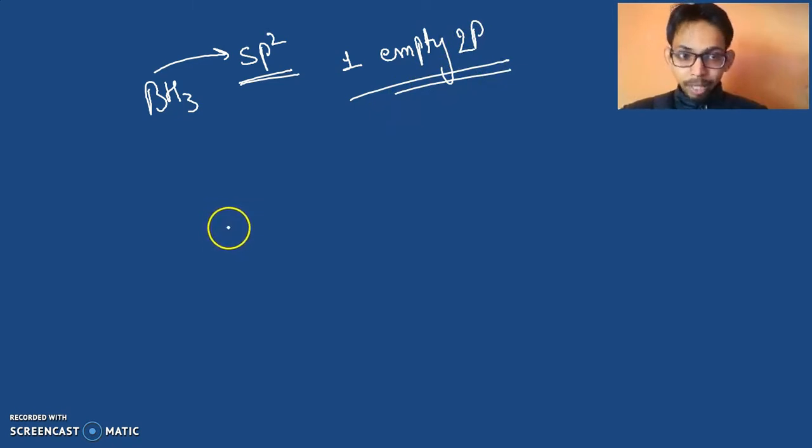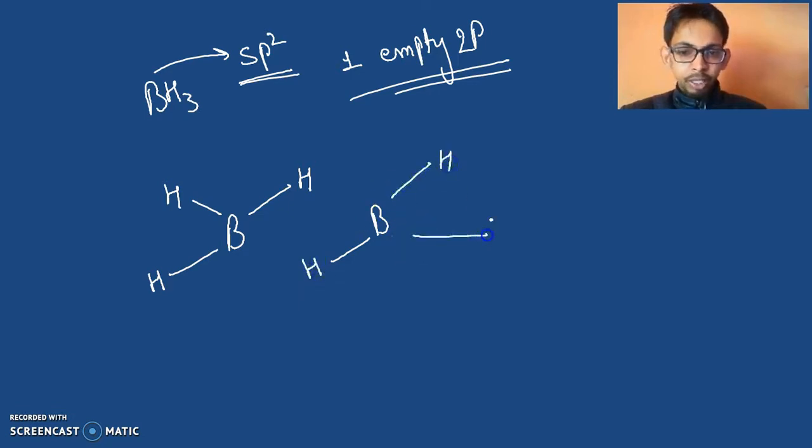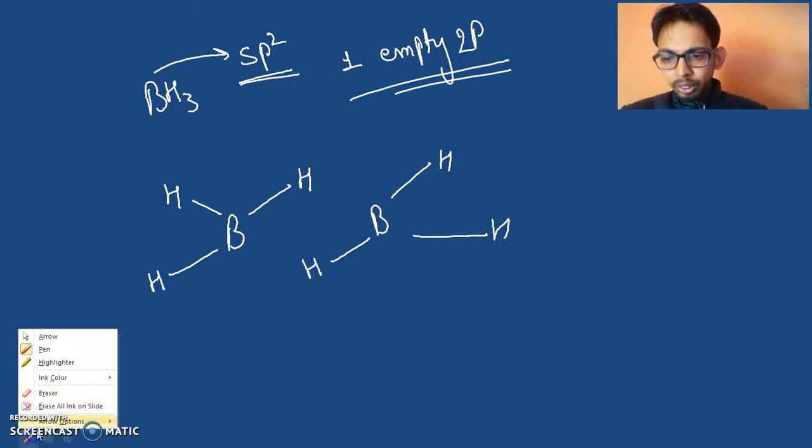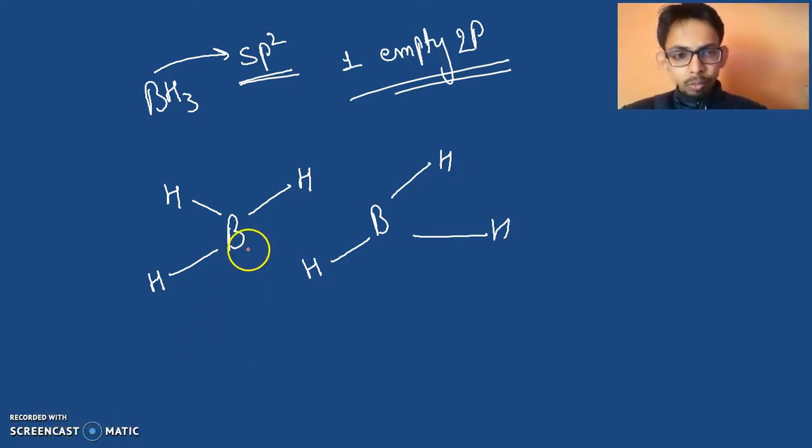And for getting dimerized, there is a trick. One boron with 3 hydrogen bonds and an empty orbital, obviously, and another boron also with 3 hydrogens. Now both of the borons have one empty orbital, and the first boron uses its orbital to capture or to overlap with the hydrogen atom of another boron.